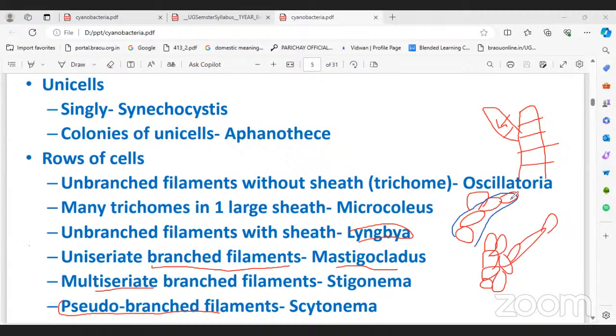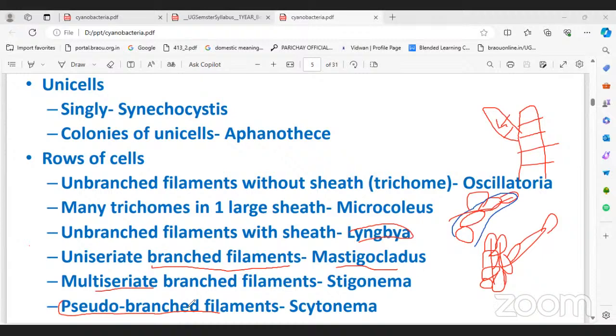So what happened in the first diagram? Only one uniseriate, one line. But here, how many series? One, and multiseriate, two. And also maybe more than two may be there. So this type of condition is called multiseriate Stigonema.